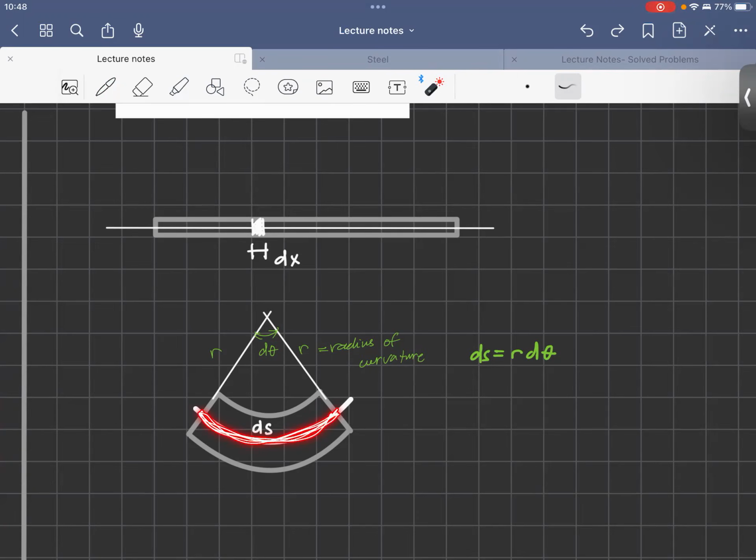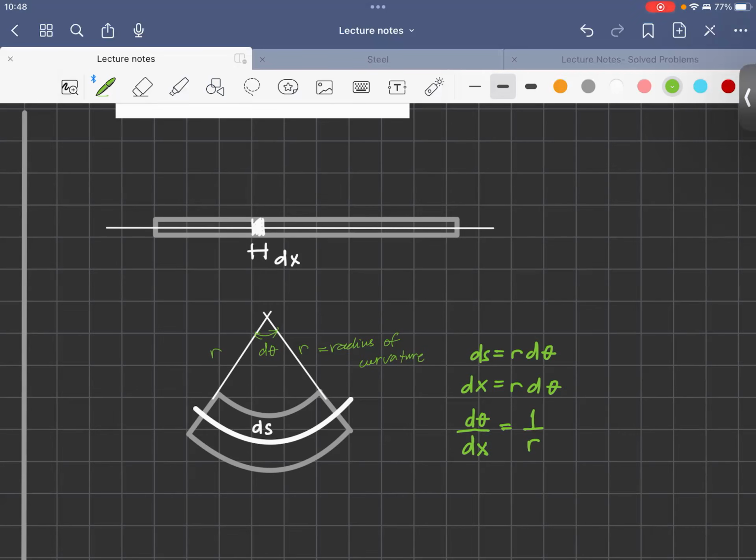Therefore, the length of your ds is actually equal to your dx, the original length. So we can write dx is equal to r d theta. Let's rewrite it in terms of d theta: d theta over dx is equal to 1 over r.